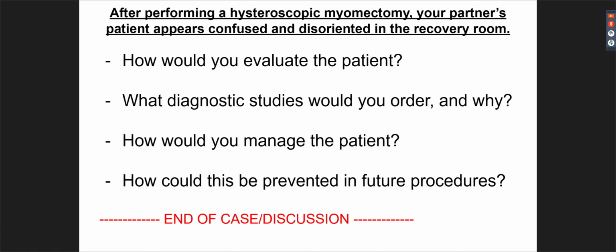Okay. So how do you prevent this in future procedures? What's key is what type of distension media you use. Your fluid deficit or issues with hyponatremia, usually where the person will have altered mental status and be confused, will happen more often with your hyperosmolar media. When I was a resident, that's the only distension media we had.